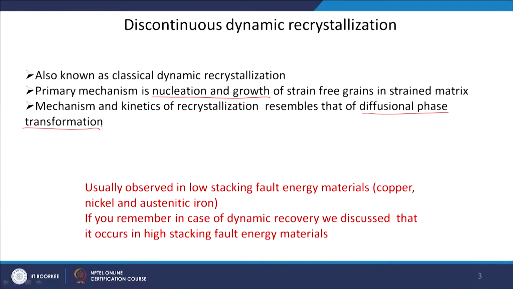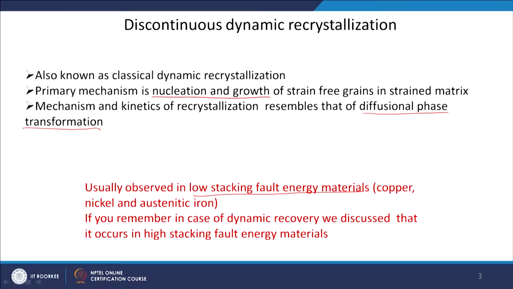Recovery is not very efficient, and when the dislocation density increases, you will have recrystallization. So, you will usually observe recrystallization in low stacking fault energy materials like copper, nickel and austenitic steels. So, what is the mechanism of dynamic recrystallization?